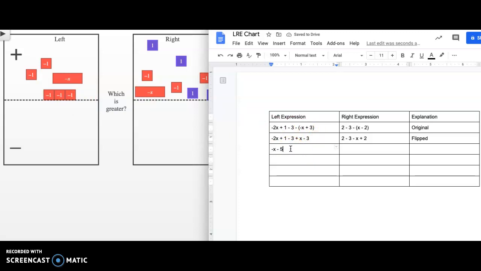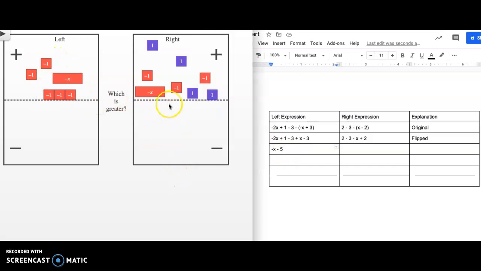Okay, and you can see what we did there. If we take negative 2x and we add positive x, right? One of the positive x and one of the negative x's made a 0, so we were left with this one negative x. And if we were to look at our 1's here, 1 minus 3 is negative 2, and so you have 2 negatives and 3 negatives left over, so that leaves us with 5 negatives, which is what we have. On the right mat, let's see what we can do for 0 pairs here.